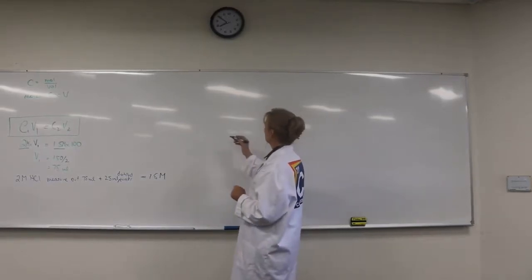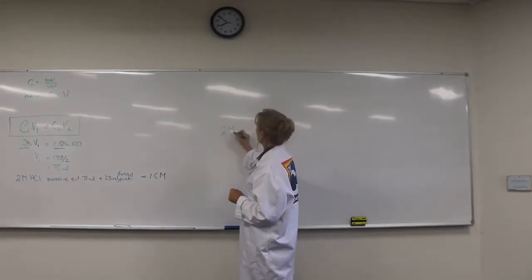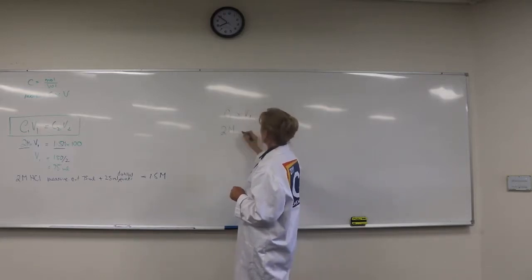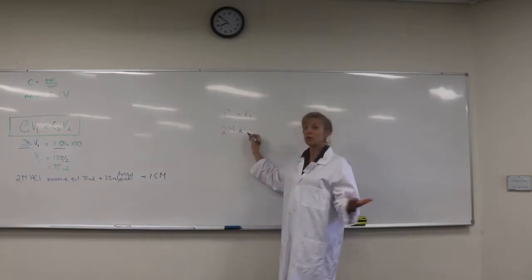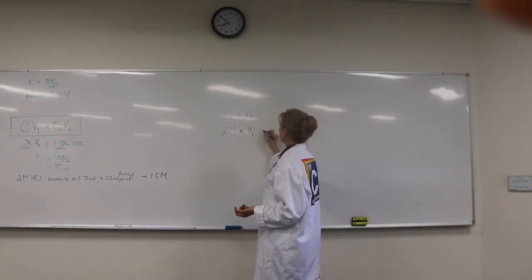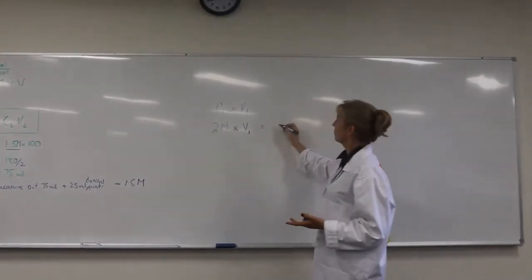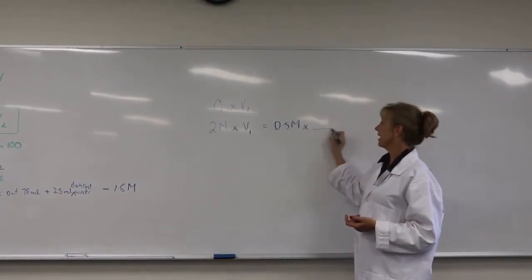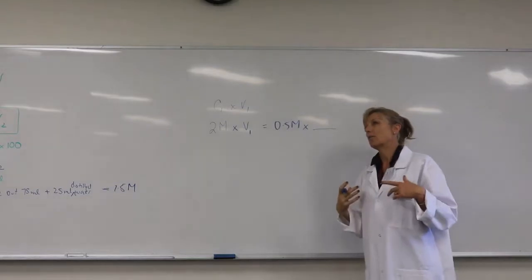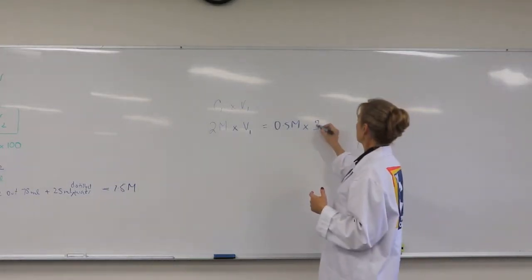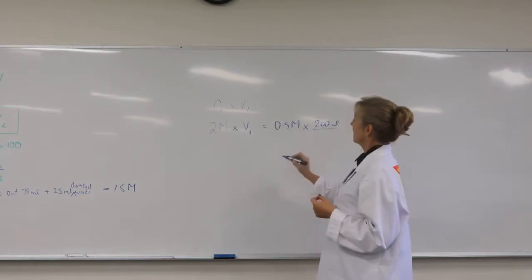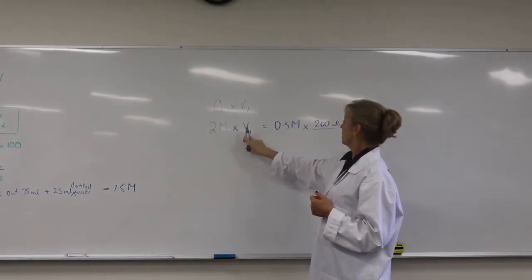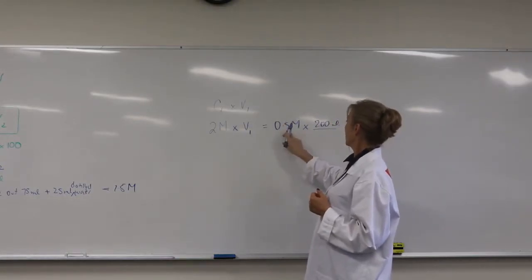Let's do another example. If you had 2 molar to start with, so that is your C1, and you want to know how much to add in order to make a 0.5 molar solution, you need to put V1 there because you don't know what it is, and your final concentration you want is 0.5 molar, and you need to write in here how much you want to make of it. So I might want to make 200 mils, put 200 mils there, and then just rearrange to find out how much of your 2 molar you would need to change it to 0.5 molar, and then add the rest in water.